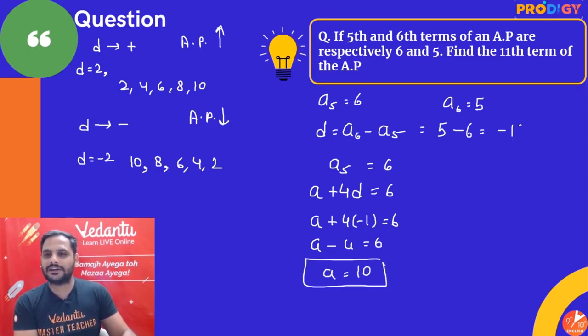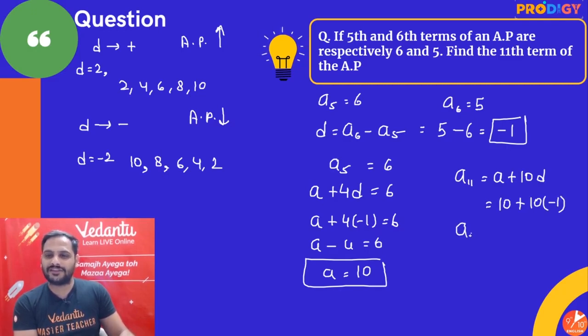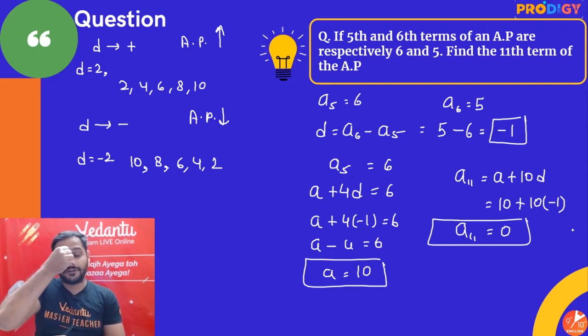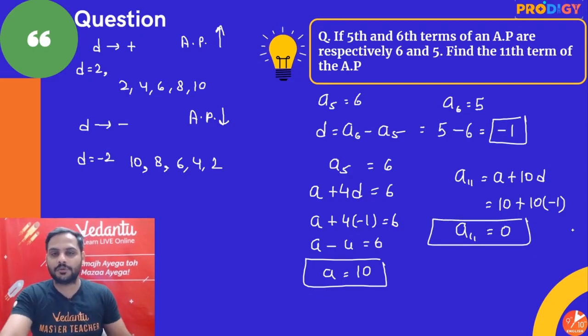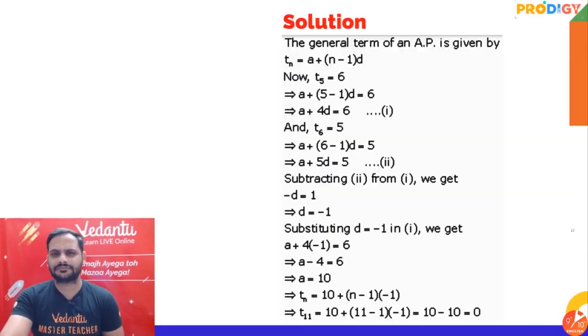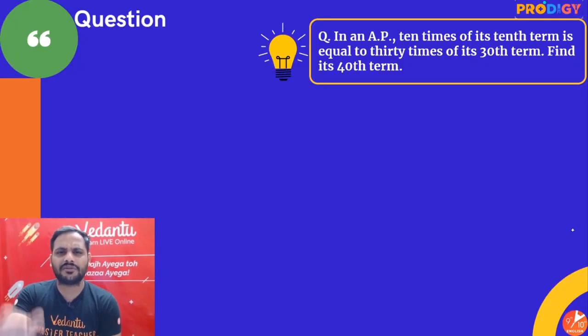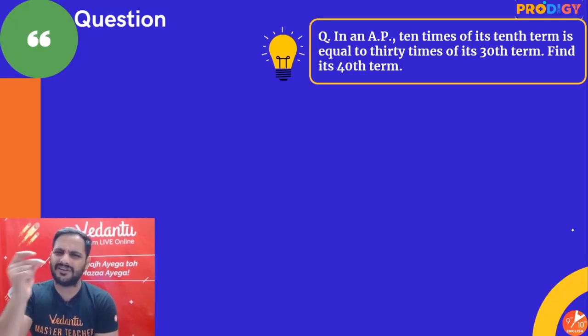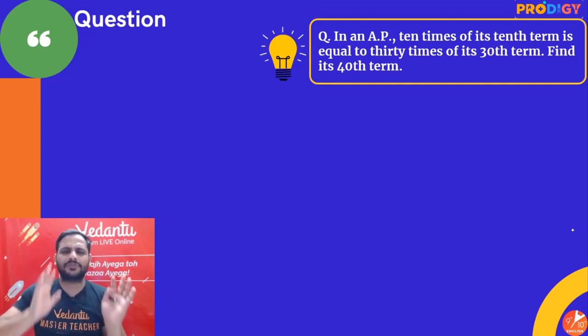Now I have A equal to 10, D equal to minus 1. The 11th term will be A plus 11 minus 1, which is 10D. So 10 plus 10 into minus 1, which means the 11th term is equal to 0. The 11th term of this AP will be 0. Easy. So it is always about finding the first term and the common difference. After that we can solve it for anything.